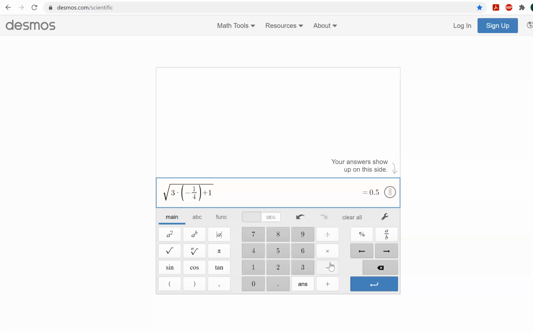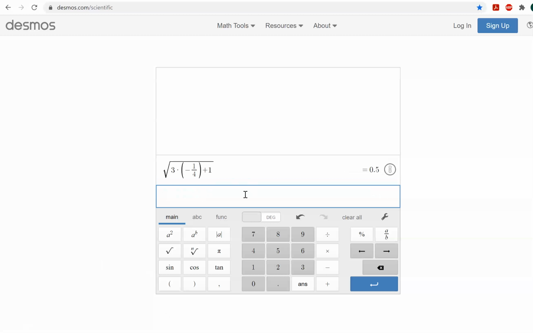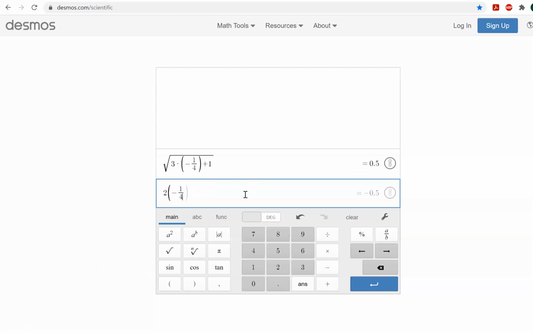And that works great. But we should make sure that it equals the other side of the equation, which is where we're taking 2 times x, so 2 times negative 1/4. And what we now see is we're getting different values. So even though both sides are defined, they're coming out with different answers. So that means that negative 1/4 does not work.